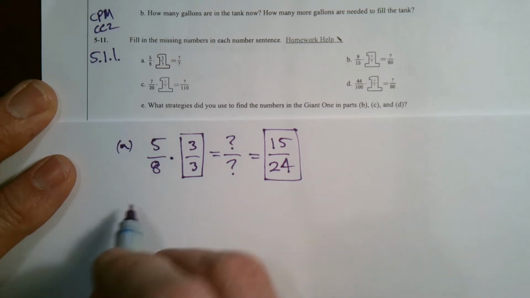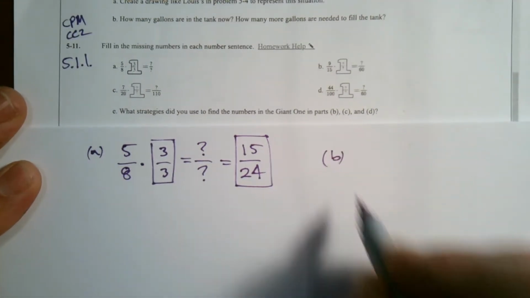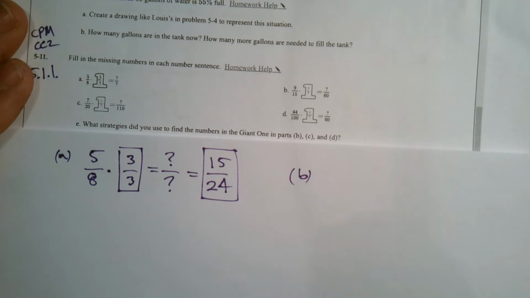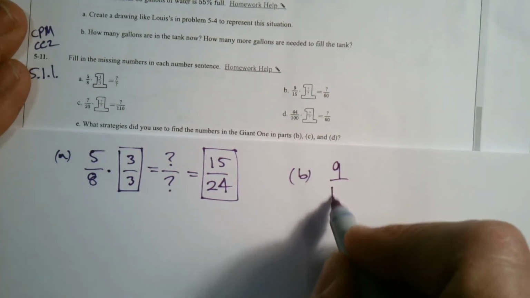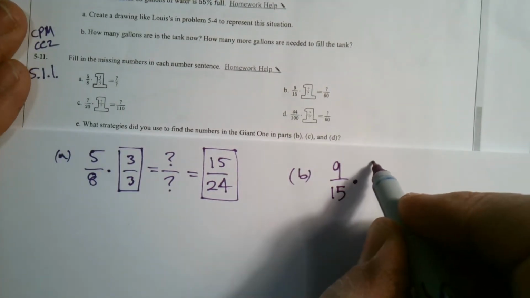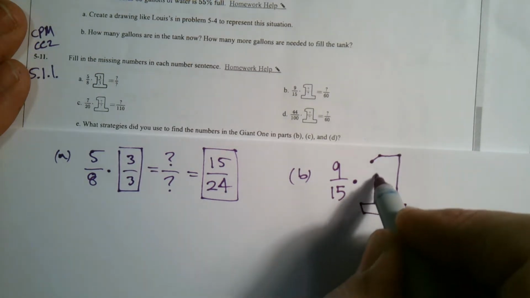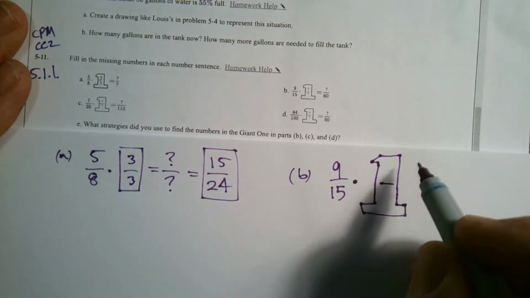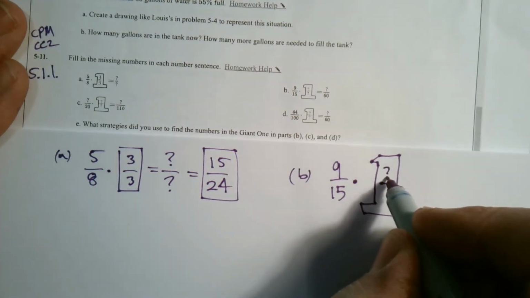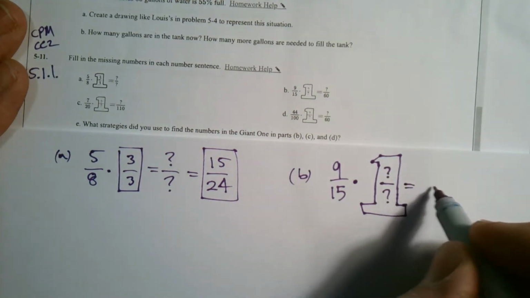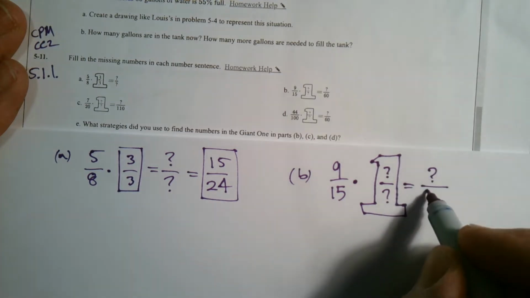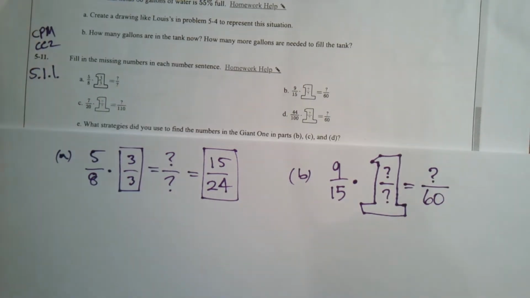Okay, there's A. So B is saying I've got 9/15, and I'm going to multiply by this giant 1. I'll make it look more like a 1 instead of a box. What is that giant 1? They have a question mark over a question mark, and they want us to figure out the numerator here, but they do give us the denominator of 60.